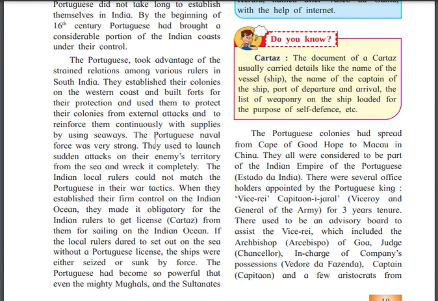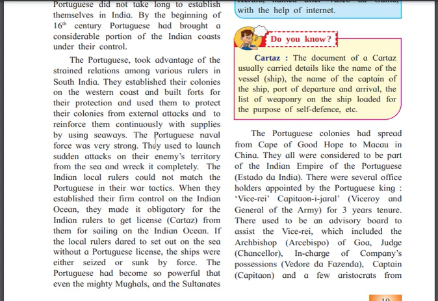The Portuguese were very smart. When they established themselves, they built relationships with the Indian rulers, which means the kings, in South India. They established their colonies on the western coast and built forts for their protection, and used them to protect their colonies from external attacks and reinforce them continuously with supplies by seaways.